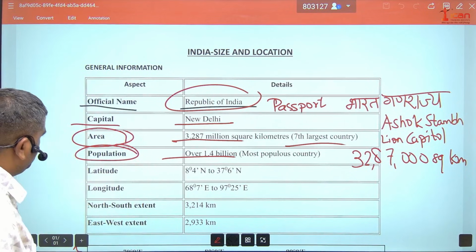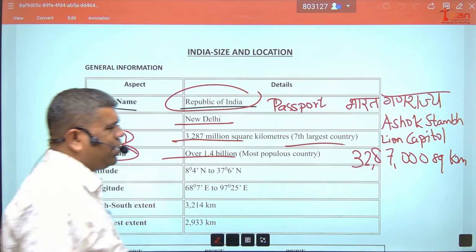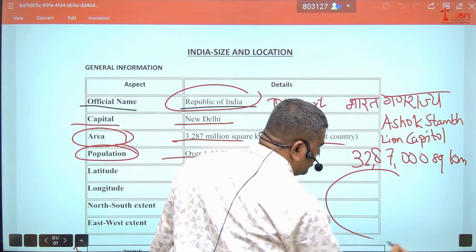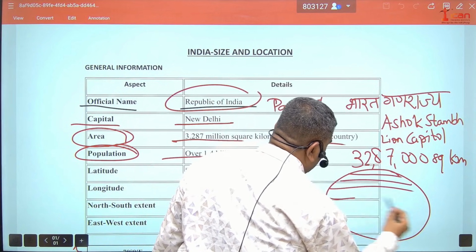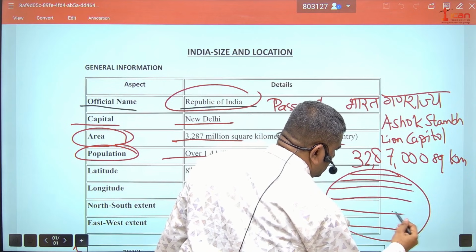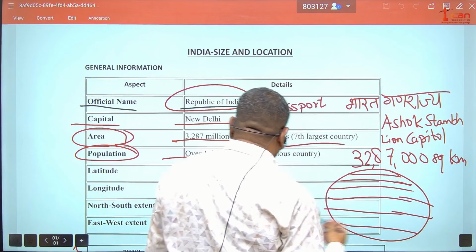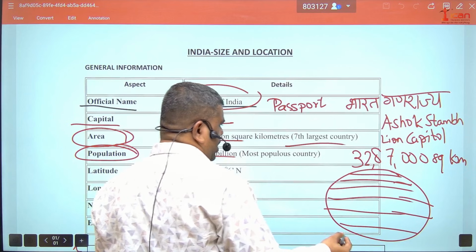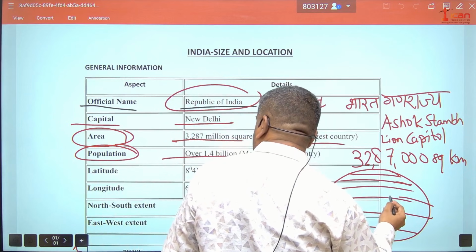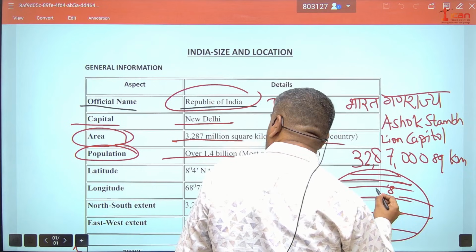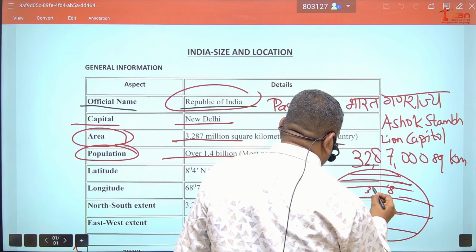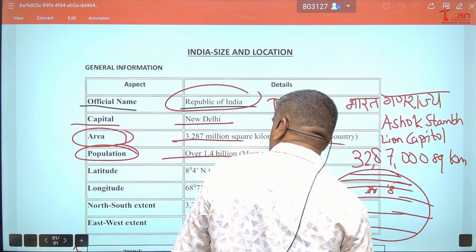Now latitude. We'll see very simply what latitudes are. If we say that this is the globe, these are all the latitudes, the horizontal lines. So where is India located? It's located somewhere between 8 degrees north and 37 degrees north.